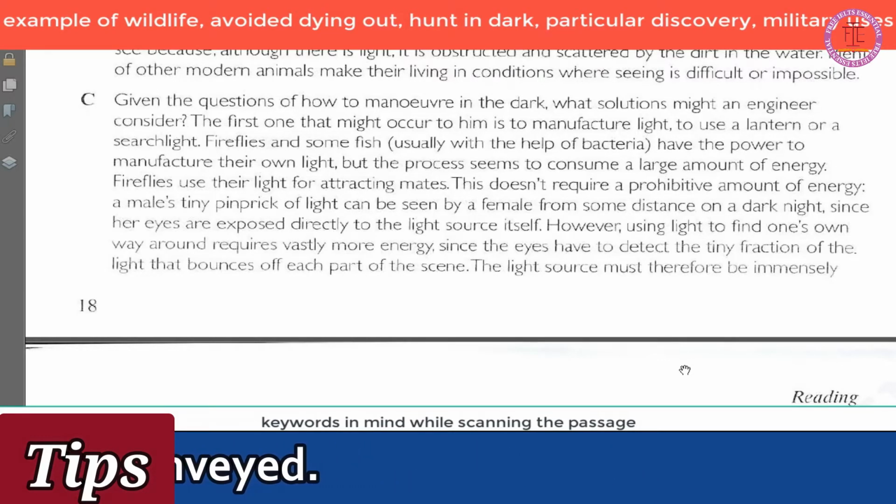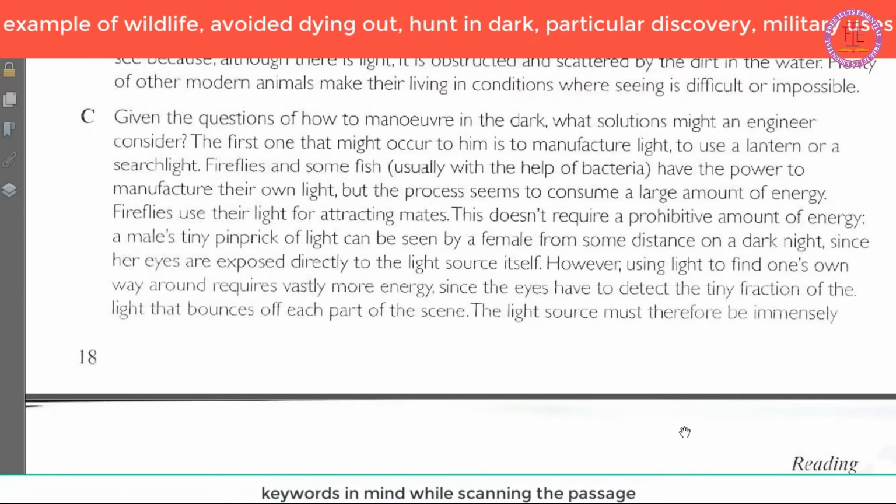The first one that might occur to him is to manufacture light, to use a lantern or searchlight. Fireflies and some fish, usually with the help of bacteria, have the power to manufacture their own light, but the process seems to consume a large amount of energy.